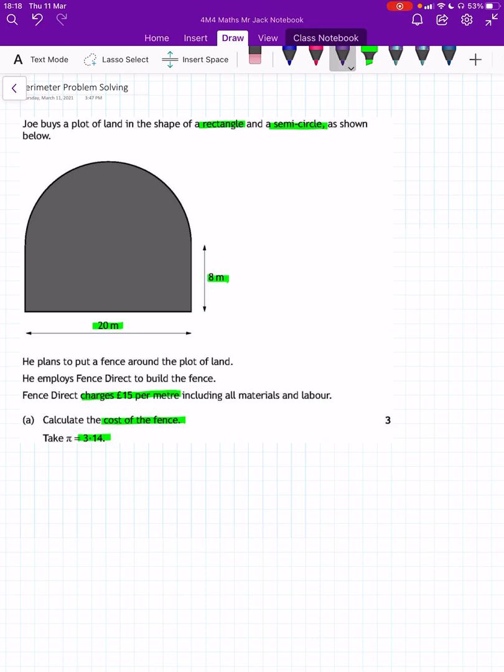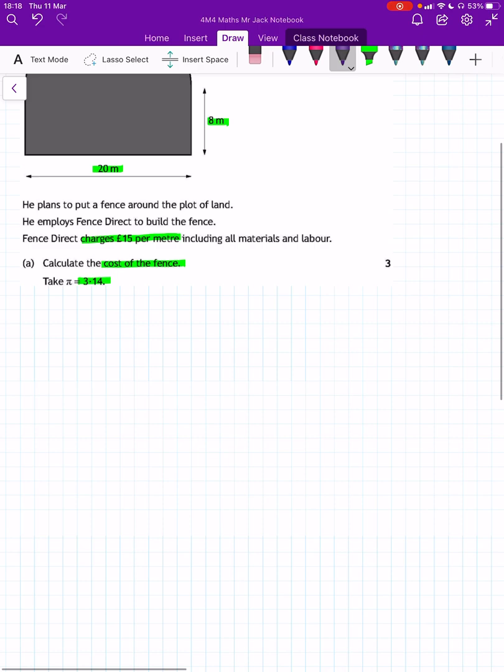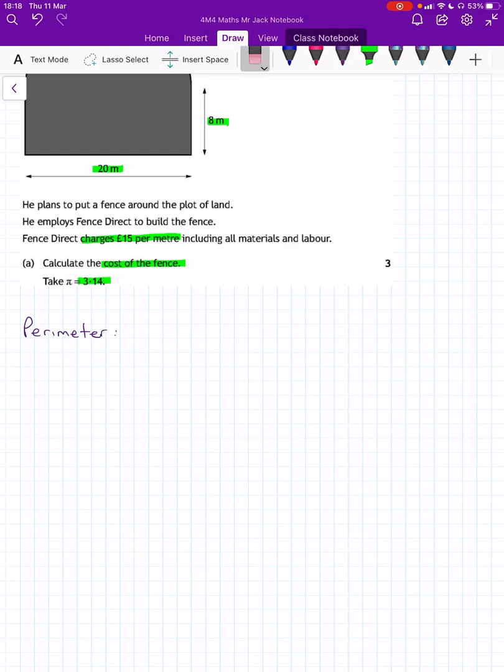Okay, so first things first, we need to calculate the perimeter of this shape. And the shape is split into two pieces, isn't it? So we've got the perimeter of the semicircle and the perimeter of the rectangle, which I'm going to call shape 1 and shape 2.